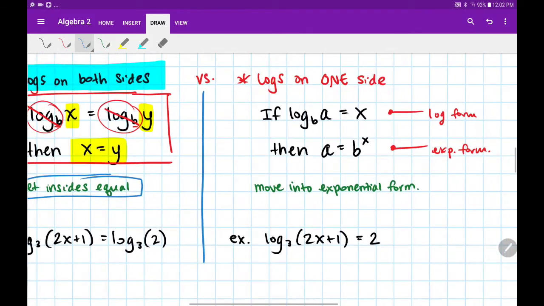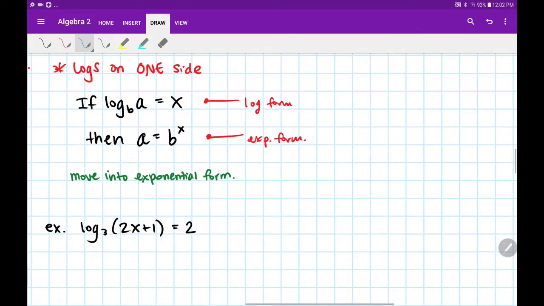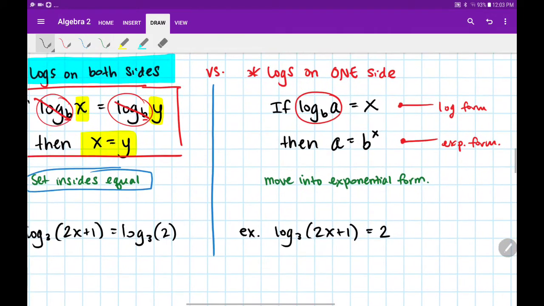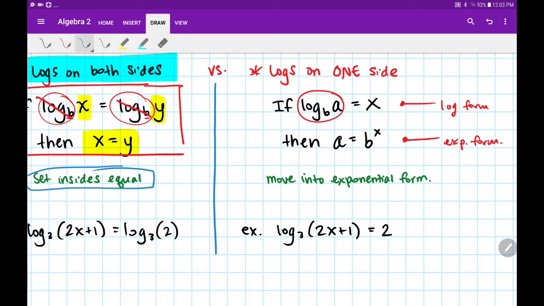However, previously we had logs only on one side. So it looked like, here's my only log, it's on the left. And on the right, you could have something like a number, like 2 or 5, or even x. But if you have a log on only one side, then you're going to have to solve this by going from log form into exponential form.